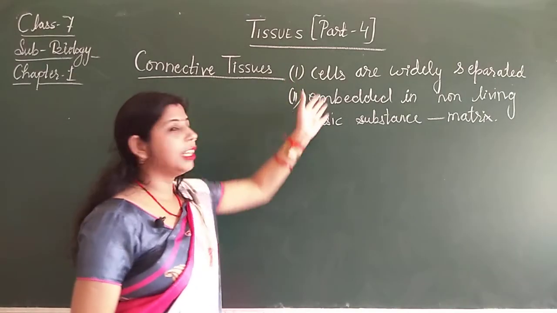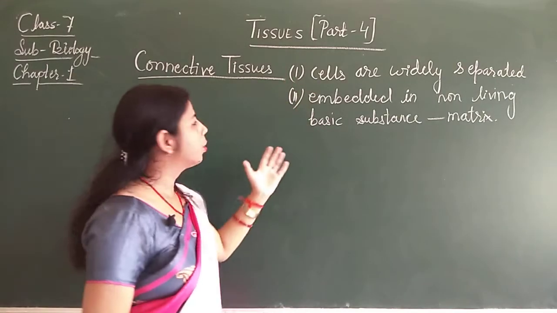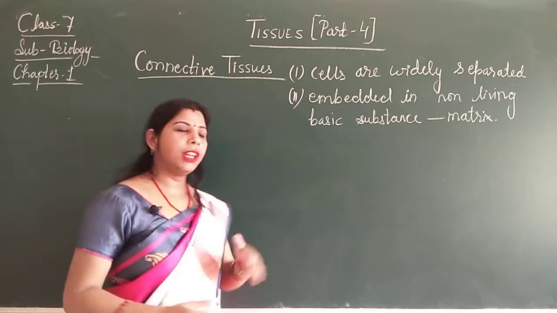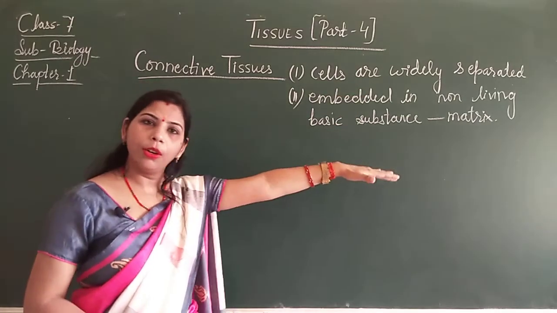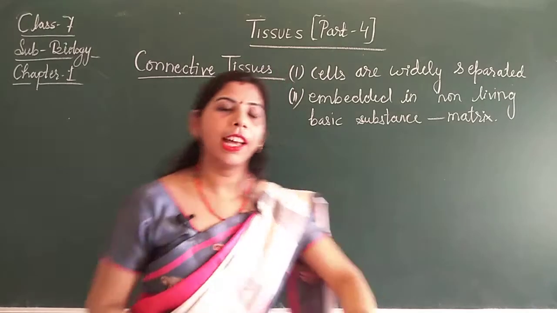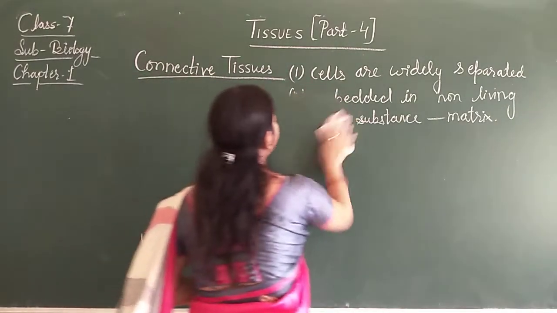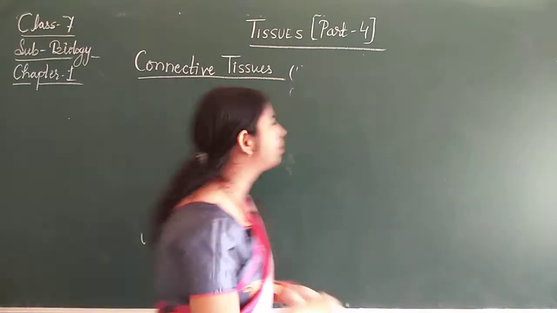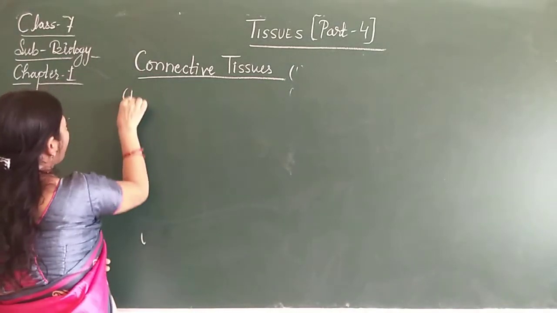If we see the work of connective tissue, it binds, packages, provides insulation and does different works in the body. The first connective tissue, as per the nature of the matrix, is connective tissue proper.